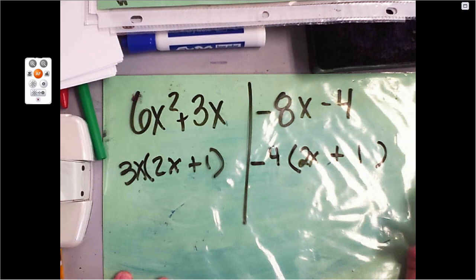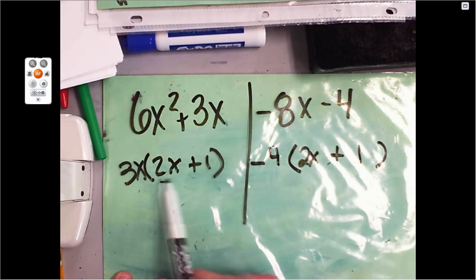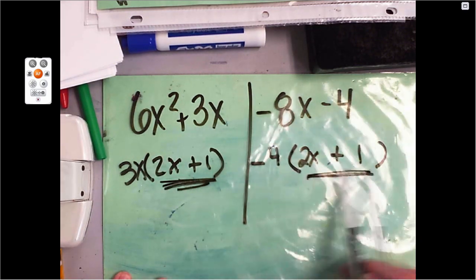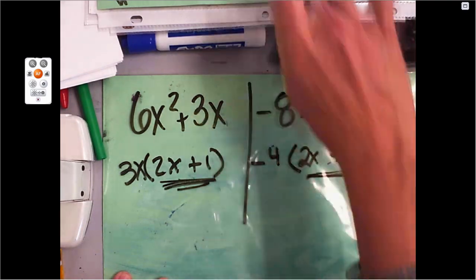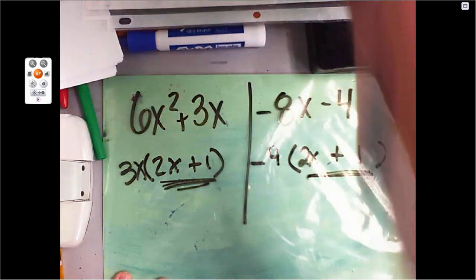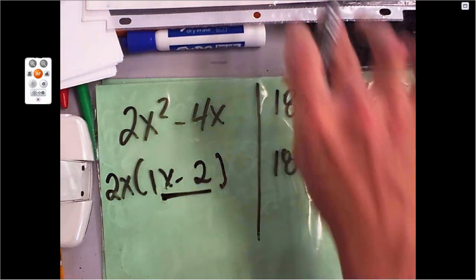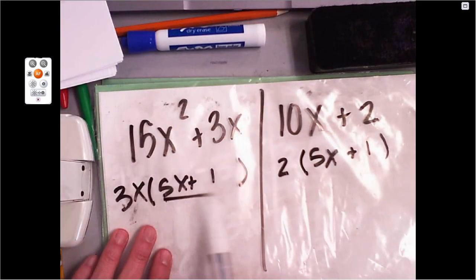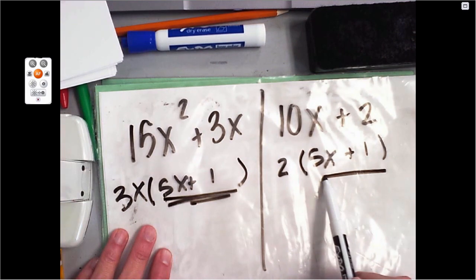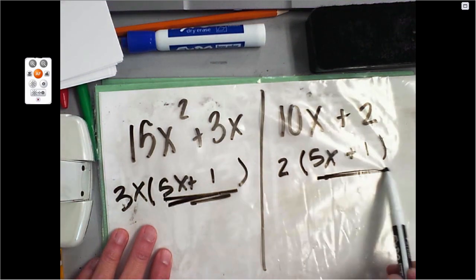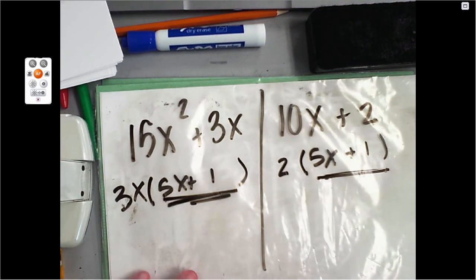The thing in the parentheses is going to end up being the same. So like that one was the same. This one where we had to take out 18, these are going to end up being the same. So that's going to provide a nice natural check. If the parentheses aren't the same, then you probably didn't take a big enough number out. Okay, go ahead and go to lunch.